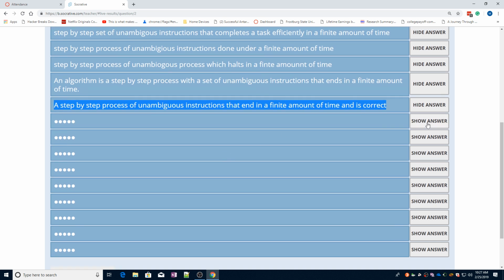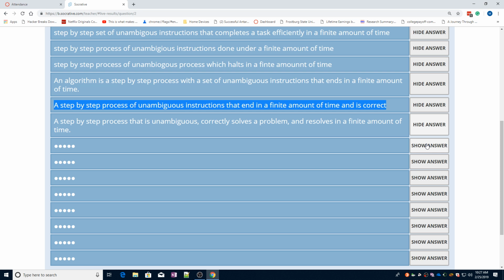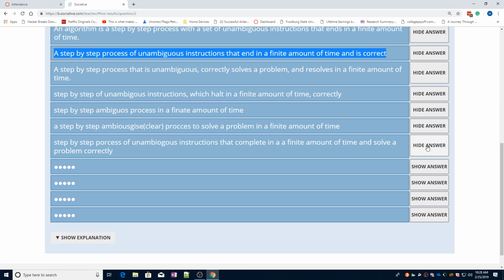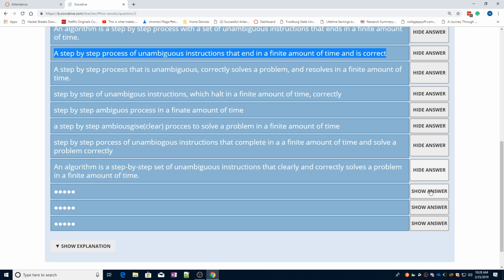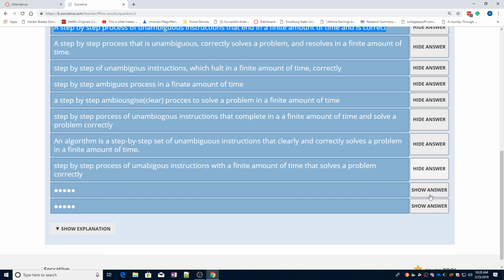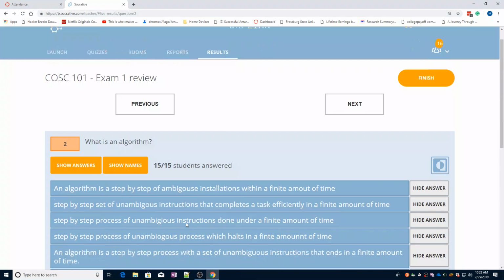All right? Let me make sure there's nothing too out of this world on the rest of these. Everybody is pretty much on, okay, an algorithm is code. That would be a big 0.